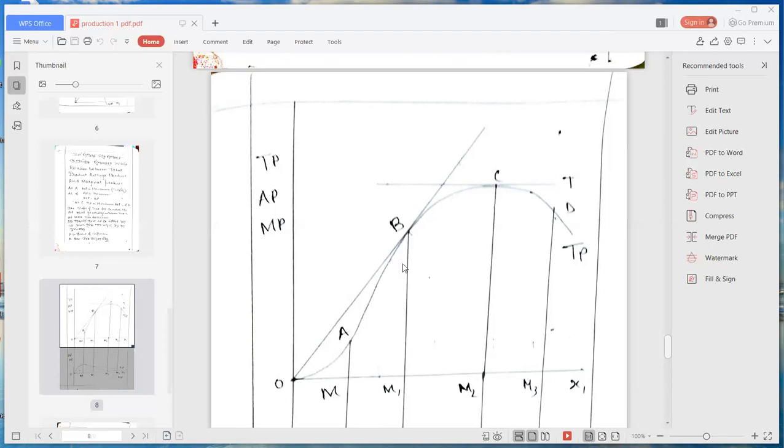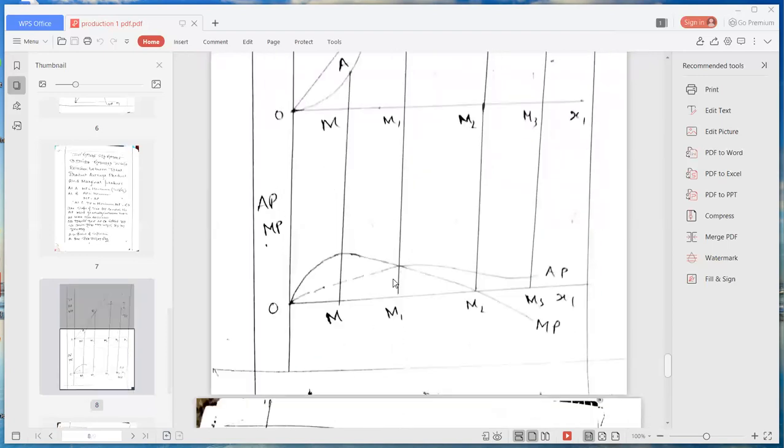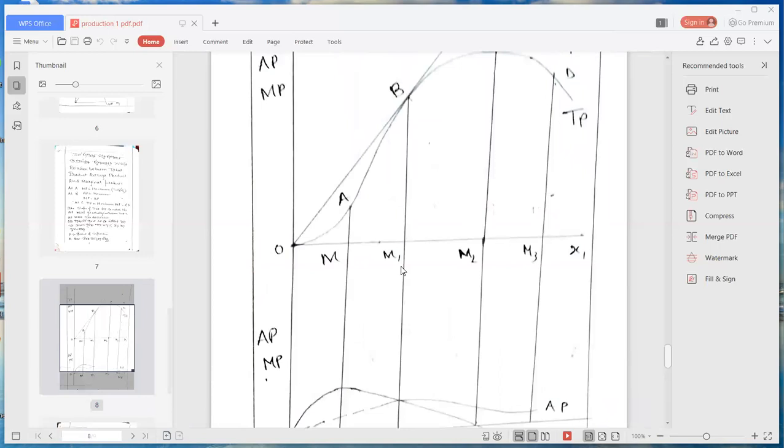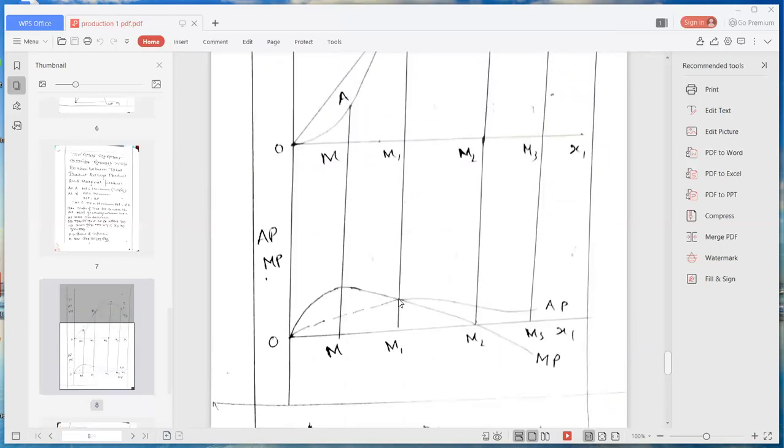So we can say that OB is the highest level of the average, and in the following figure, we can see the average is maximum at the production level OM1, which corresponds to the point B. Average is maximum, and at this point we have also seen that average is equal to marginal. Average is maximum at the production level OM1, then it decreases, but it never becomes zero or negative.